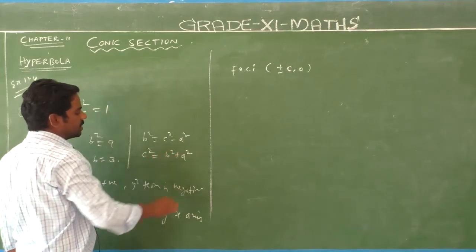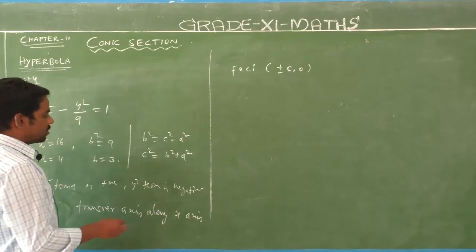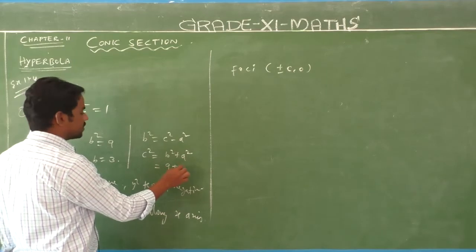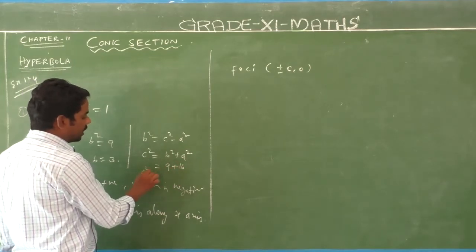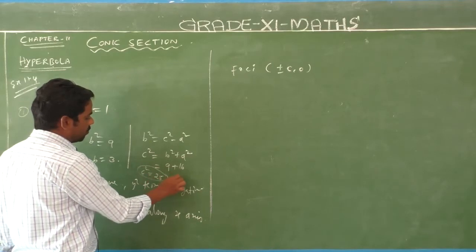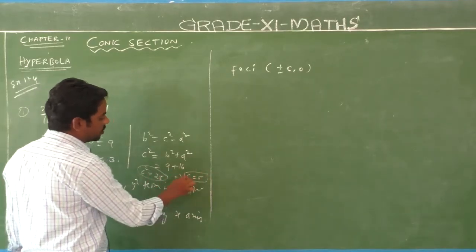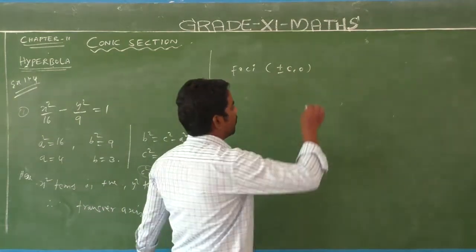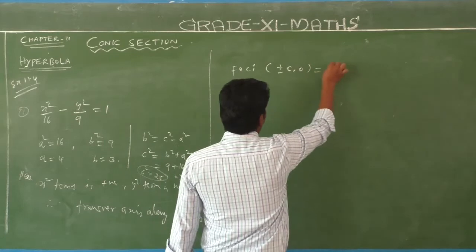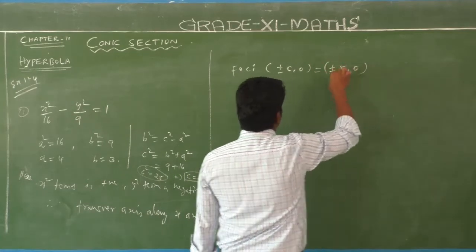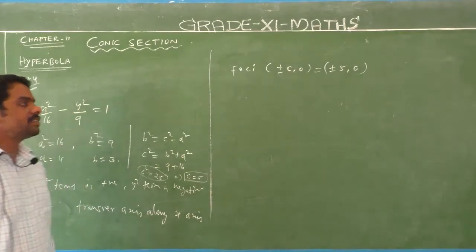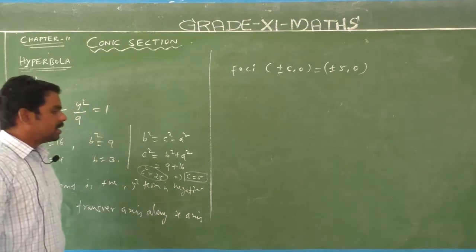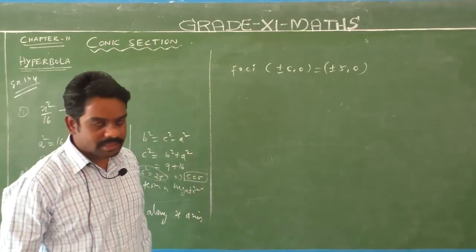Substituting b squared as 9 and a squared as 16, c squared is equal to 25, which implies c is equal to 5. Substituting in the formula, the foci are plus or minus 5 comma 0. Therefore, the foci of the given hyperbola are plus or minus 5 comma 0. Second one, vertices.